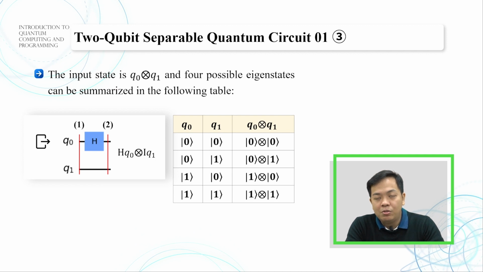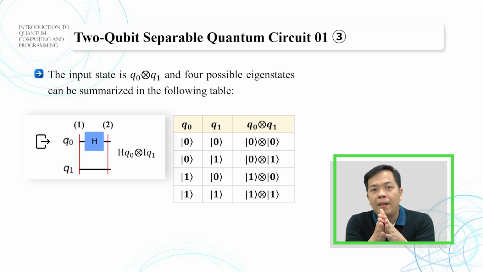Remember, if we have 2 qubits, we have a total of 4 states: 0 0, or 0 1, or 1 0, or 1 1. Yes, that is a total of 4 states.